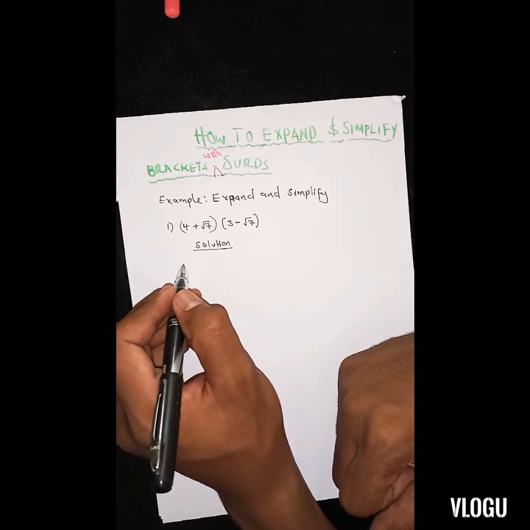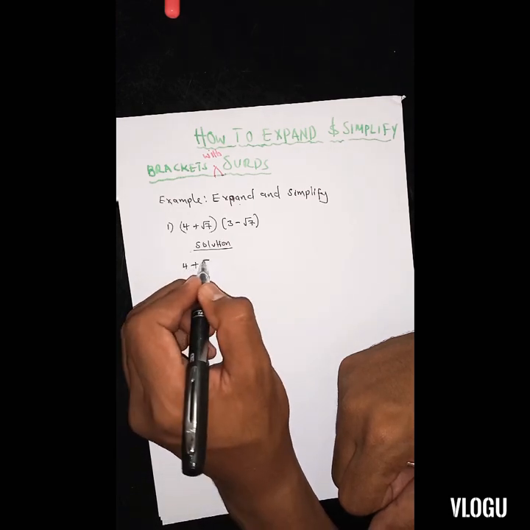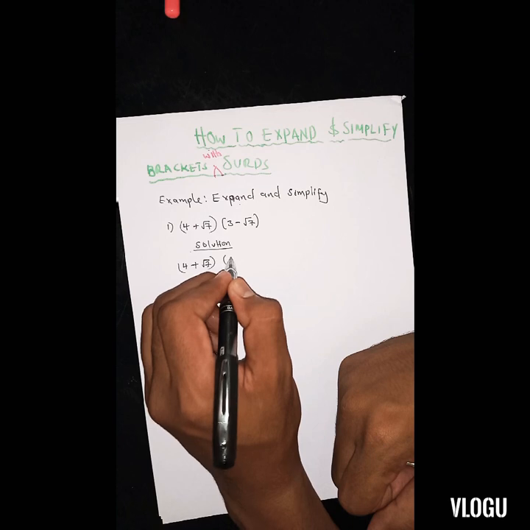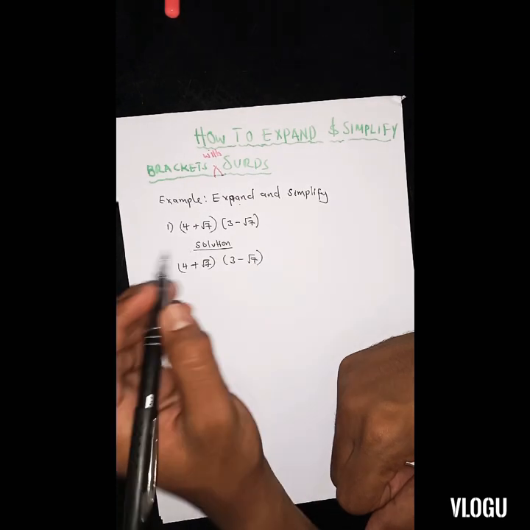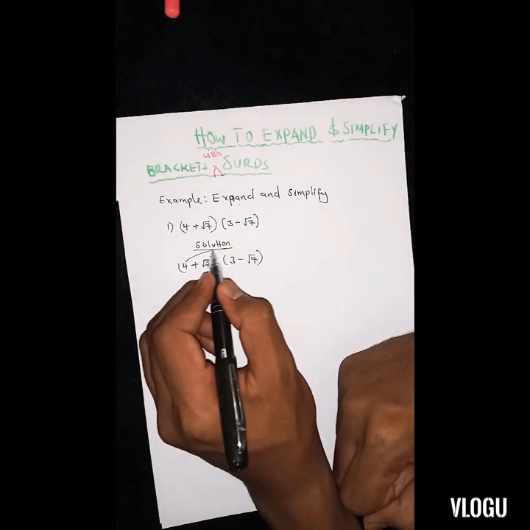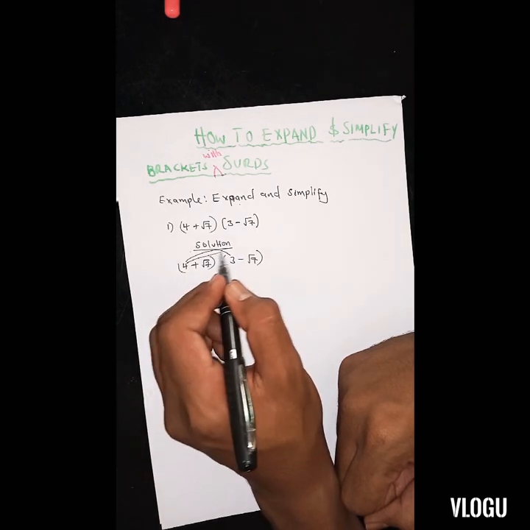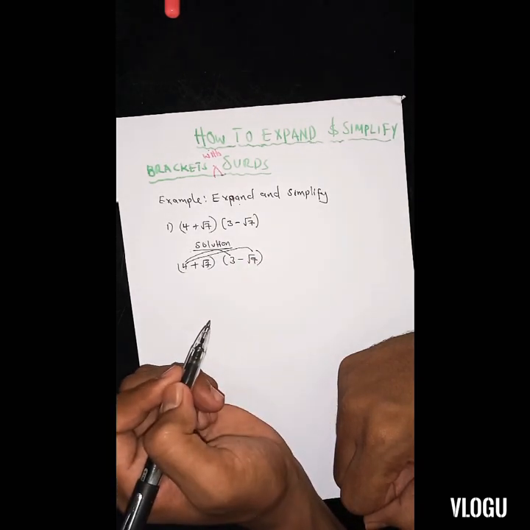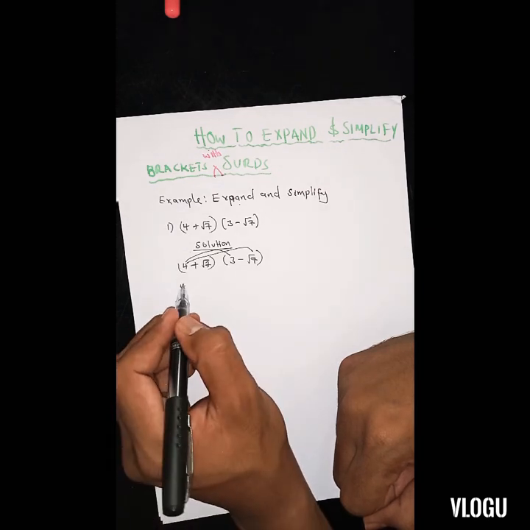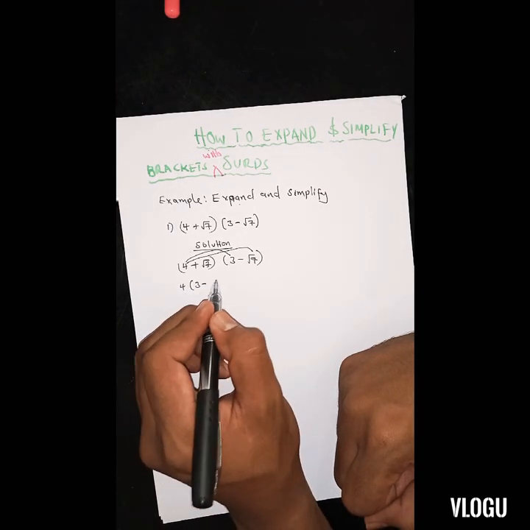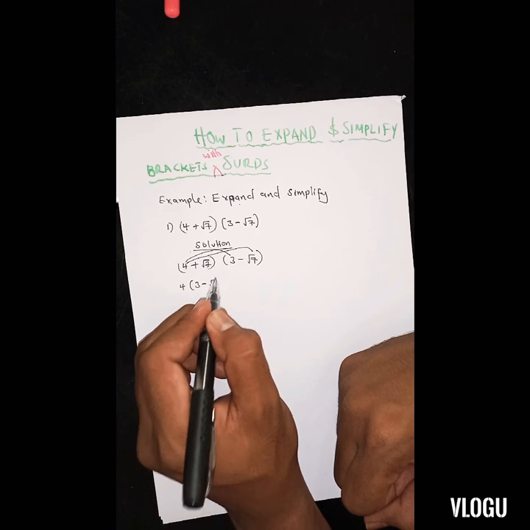Now what we do here is that we take this 4 multiplied by 3, and then again we take the 4 multiplied by root 7, I mean. So let's try. We say 4 into 3 minus root 7.